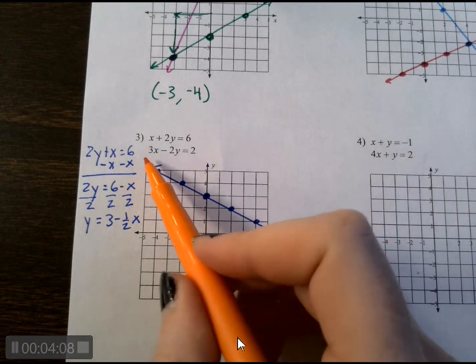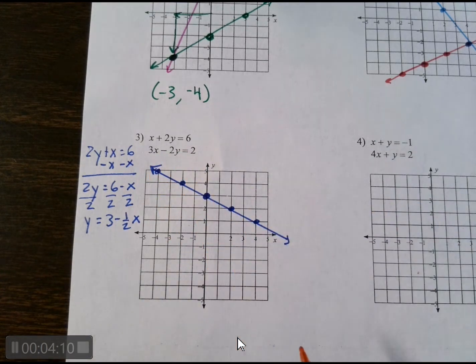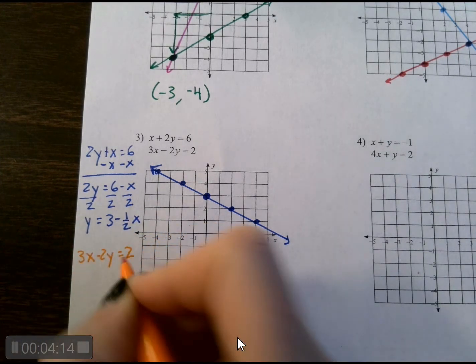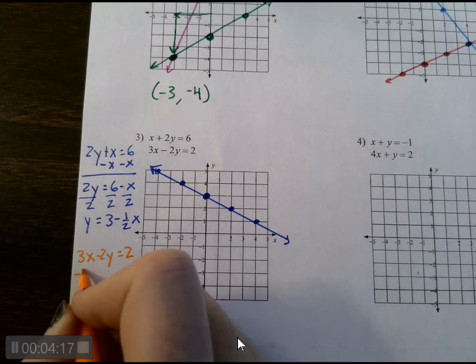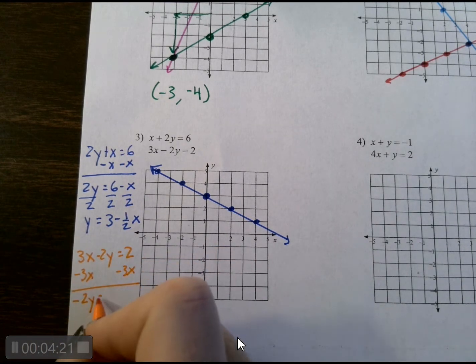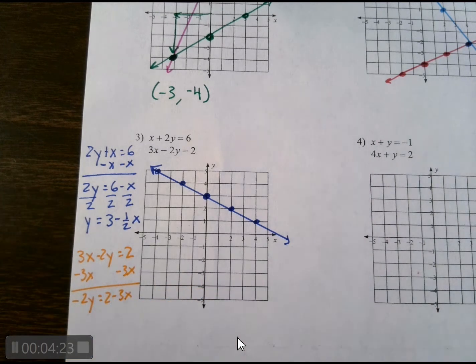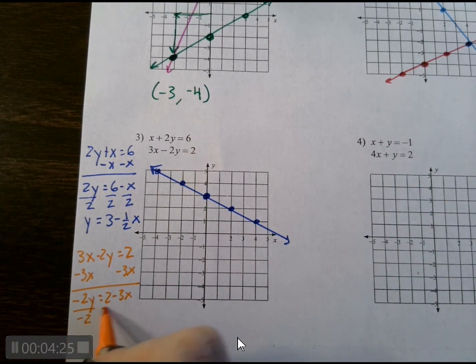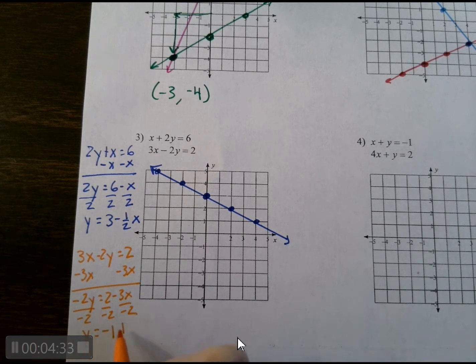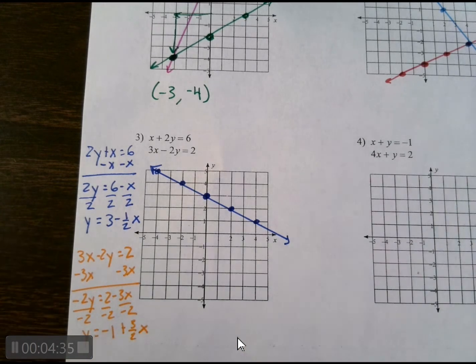Alright, so now we have 3x minus 2y equals 2. So I'm going to subtract 3x from both sides to get negative 2y equals 2 minus 3x, and then divide by negative 2. Alright, so then we get y equals negative 1 plus 3 over 2 x.